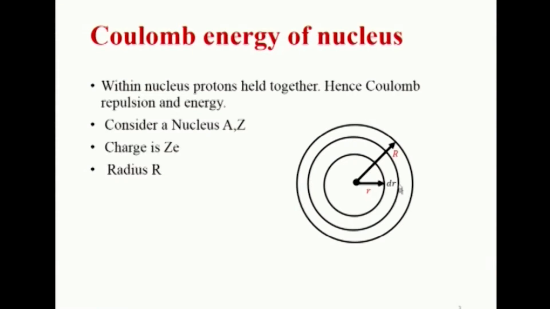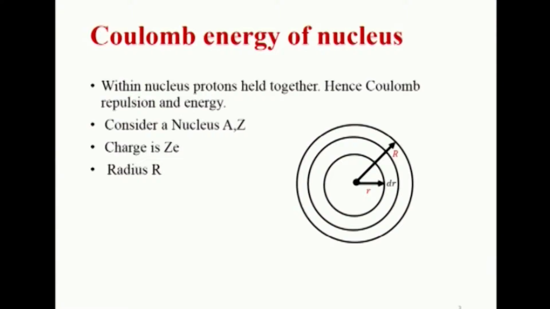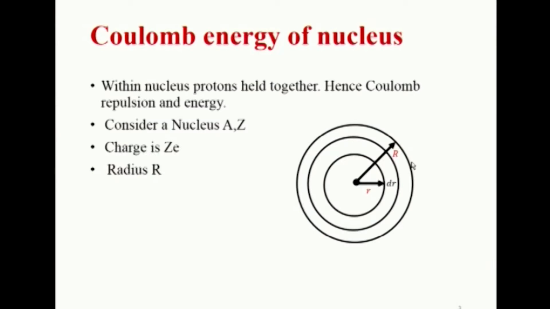We want to add one small shell of thickness dr onto that. Some energy is required to add it because it is repulsive. So, we will see what energy is required to add the shell of thickness dr onto the smaller sphere of radius r. Then add another shell. Finally, we will get the total nuclear sphere.